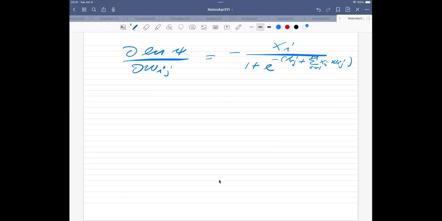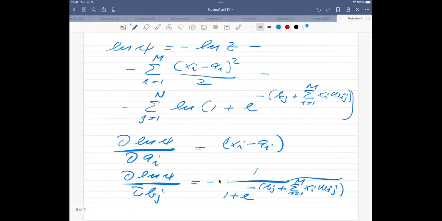Okay, so this is pretty straightforward to implement as soon as we have the different parameters, and then we can calculate the respective derivatives which we need in the gradient optimization.